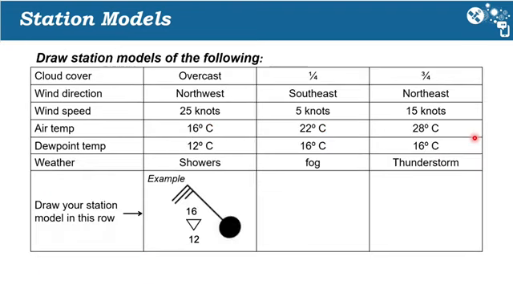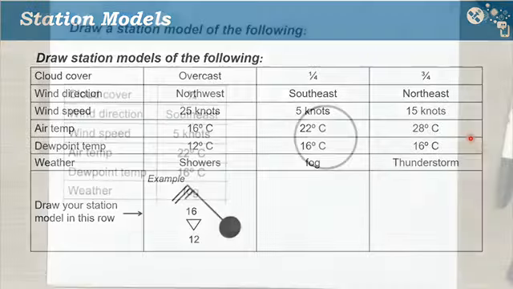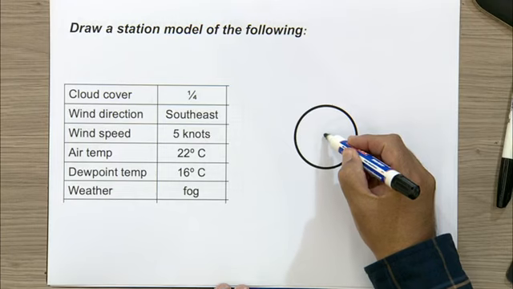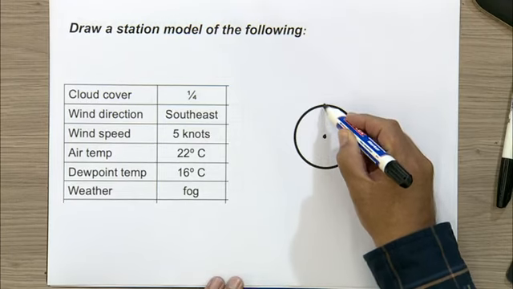And now we are going to draw weather station models. So I have a copy of this in front of me, and let's do this together. So our first weather station model, we have to have cloud cover of 1/4 or 2/8. I'm going to do this very simply.